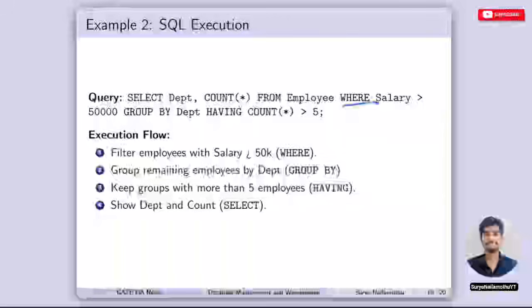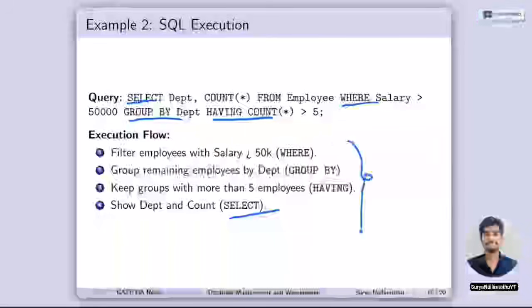First, the where statement will be followed, for example salary greater than 50,000. Then after that, group by will happen. After group by, the having will happen. After having, the select statement will happen. So this is the execution flow of an SQL query.